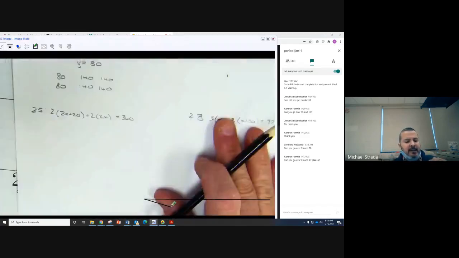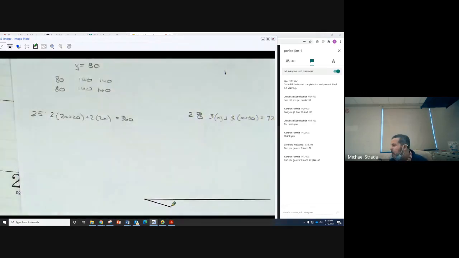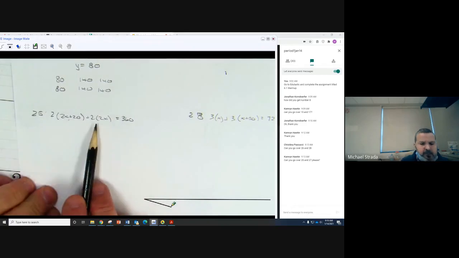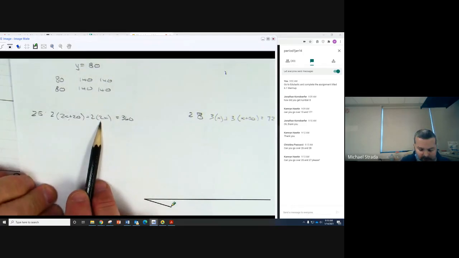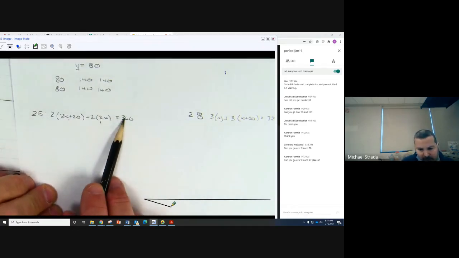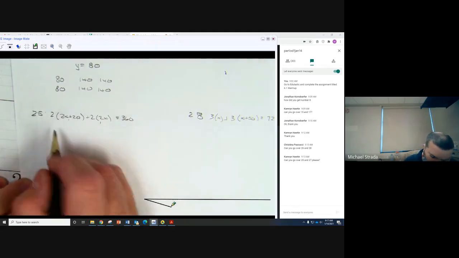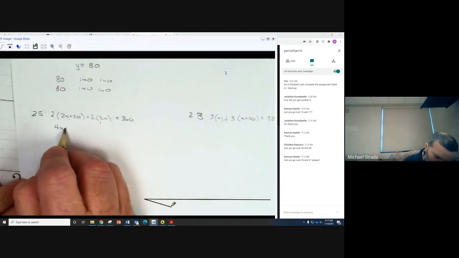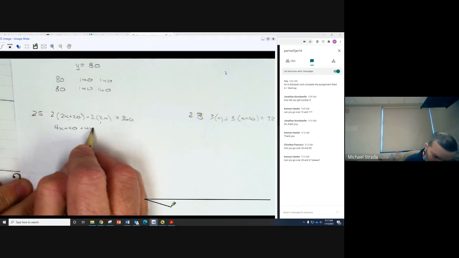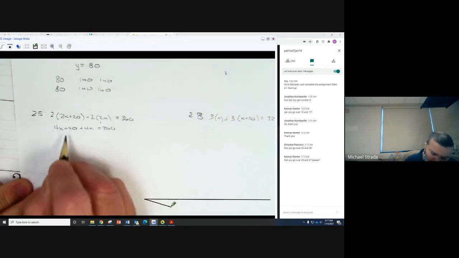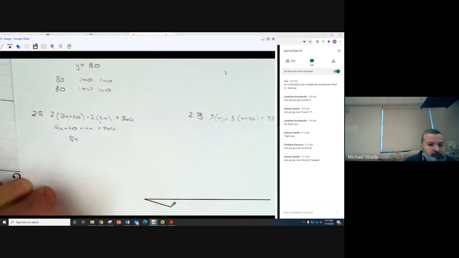All right, 25 and 28. In 25, 2 of the angles measure 2x plus 20, and 2 of them are 2x. So it's the same idea. It's a quadrilateral, so the angles add up to 360. I distribute through: 4x plus 40 plus 4x equals 360. 4x plus 4x is 8x.